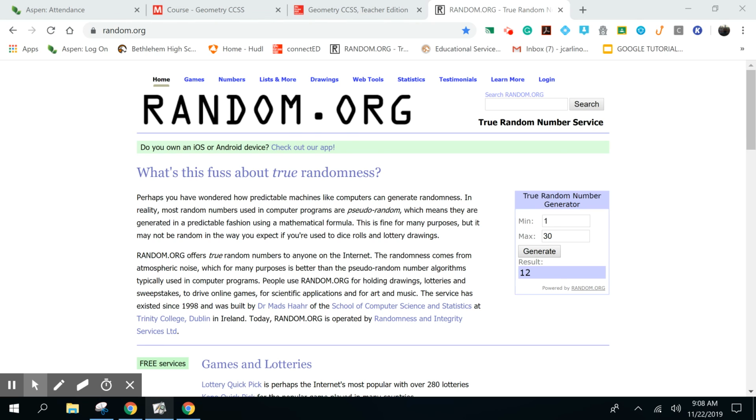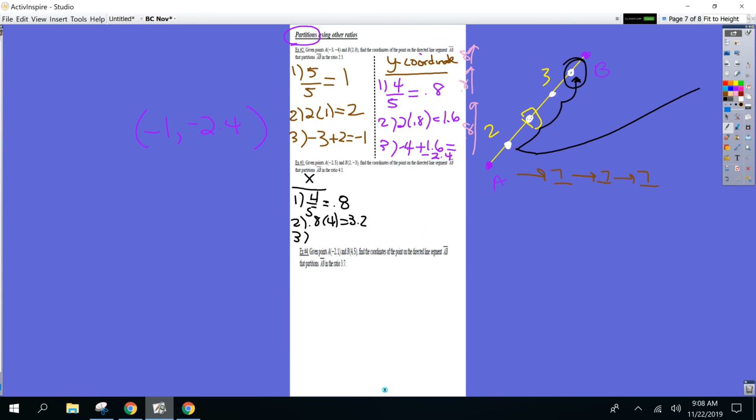Where did I start on the x-axis? So -2, and I'm going to go 3.2 units to my right. And I end up where on the x-axis? I end up at 1.2.